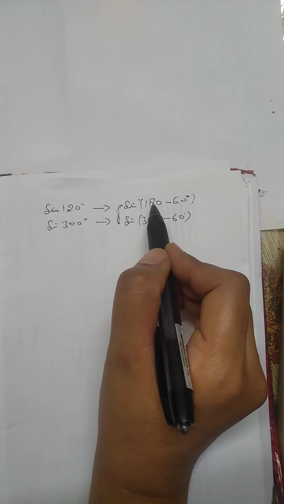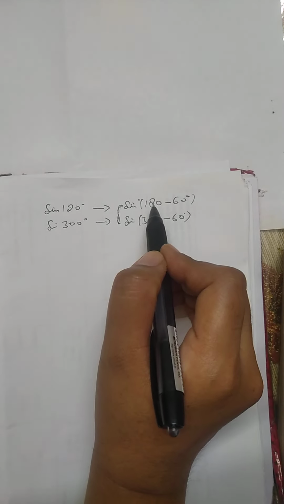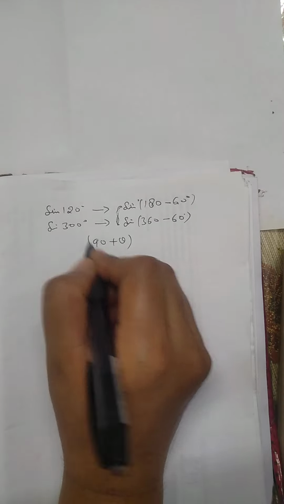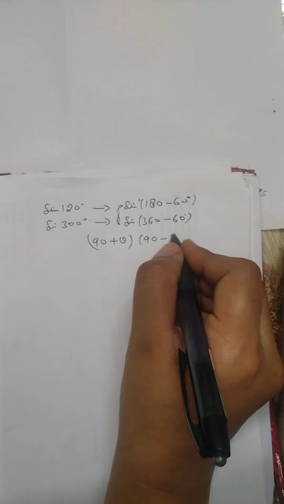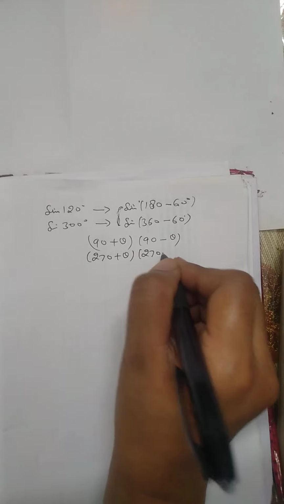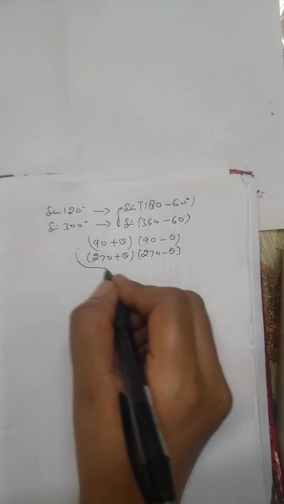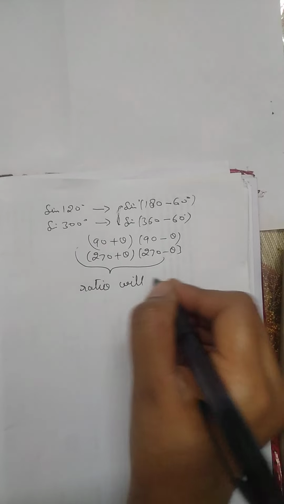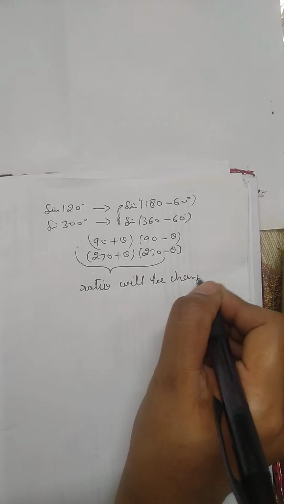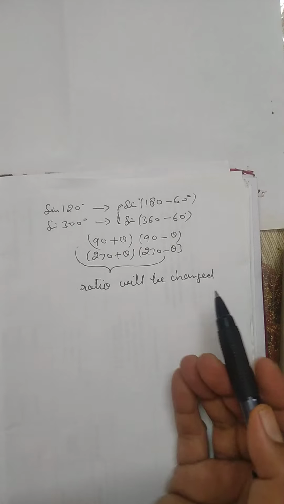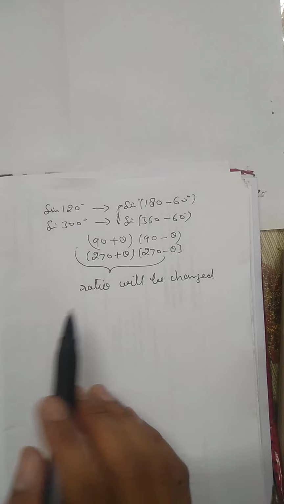As we have seen in the previous case, if it is 90 or 270, whether it is 90 plus theta, or 90 minus theta, 270 plus theta, or 270 minus theta, in all these cases the ratio will be changed. How will we change? Sine to cos, sec to cosec, tan to cot.